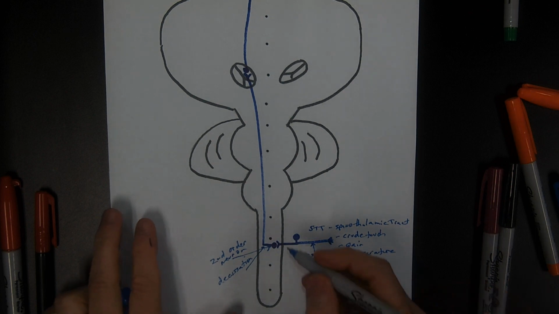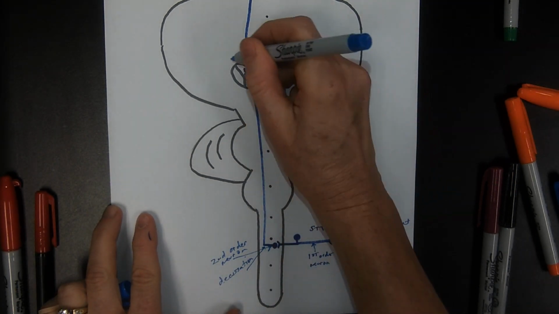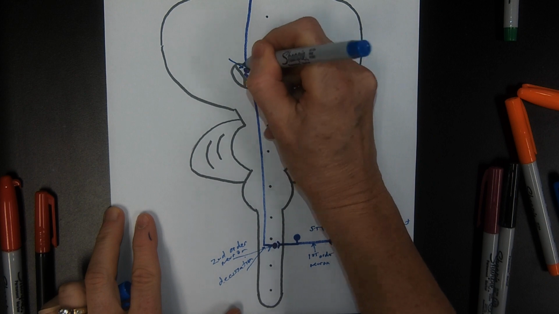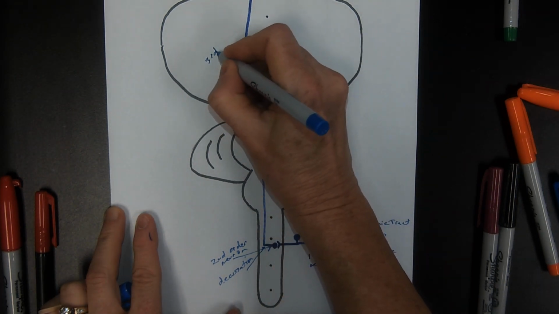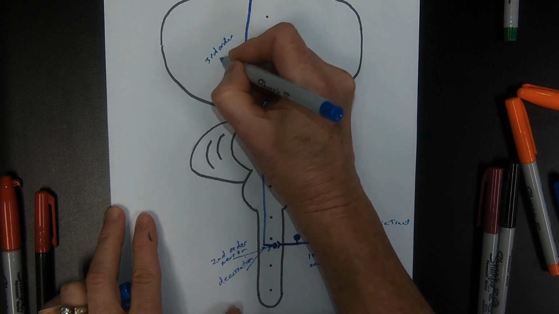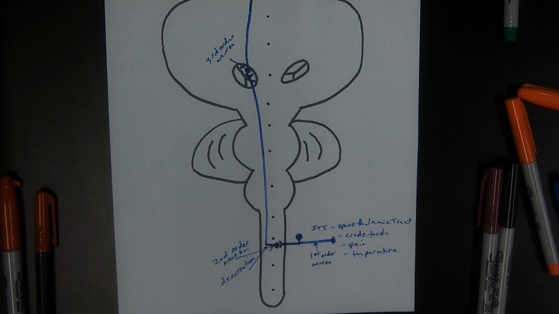Okay, and then moving on up here, located in the thalamus, here's your second order neuron, and then you have your third order neuron in the thalamus. So there's your 3 neuron system.